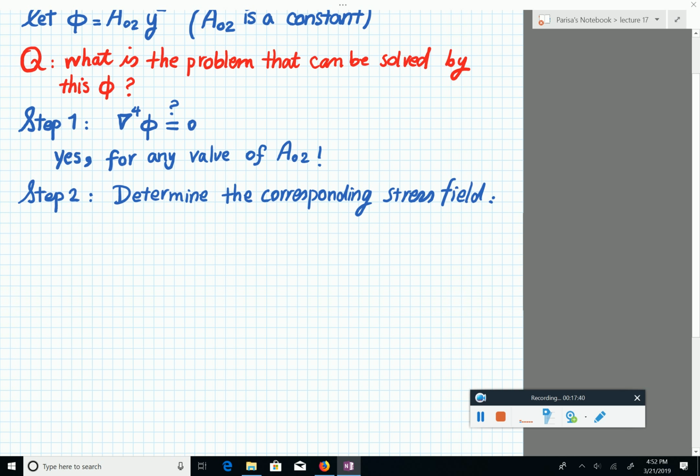So to warm up, why don't you do it yourself? We are considering 2-dimensional case, so we only have sigma x, sigma y, sigma xy. There's no body forces.